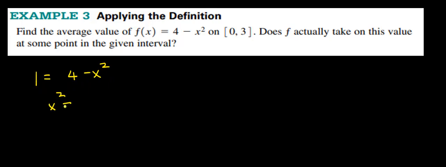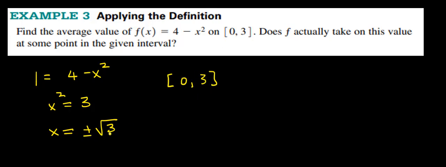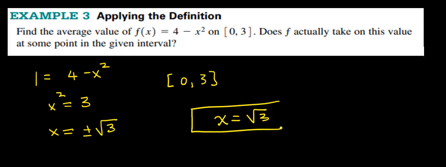So you'll get x squared equals 3, so x equals positive or negative radical 3. But notice our interval is from 0 to 3, and negative radical 3 is not within this interval. So you have to reject negative radical 3. So our mean value occurs only when x equals radical 3.